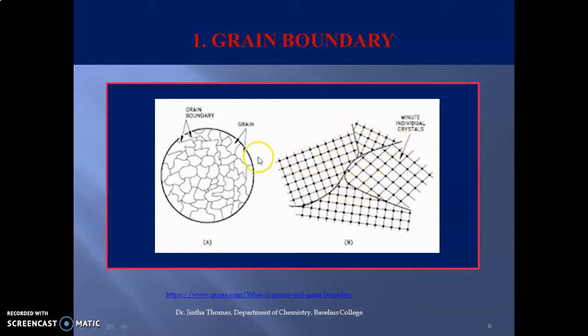These grains each grow bigger, grow closer, and they impinge on each other. As you see here, they grow from different parts at a time and they impinge on each other.